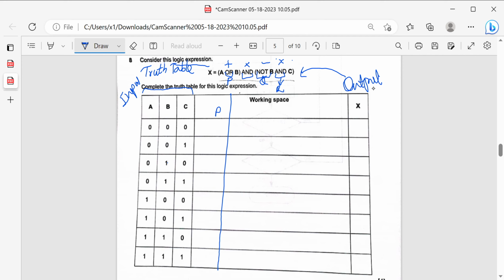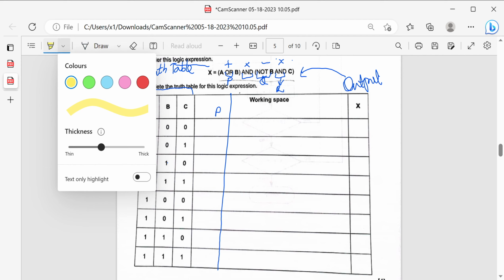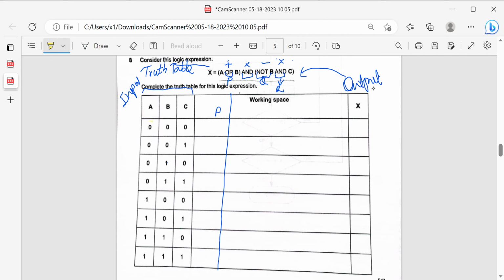This working space is basically for calculating the intermediate outputs. Here we consider these 2 columns, A and B, and we are going to add them.